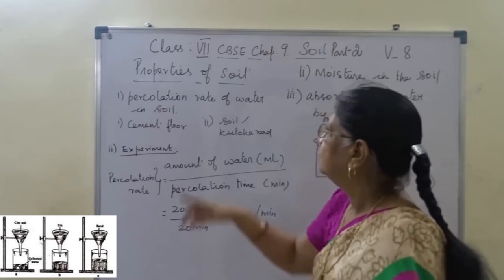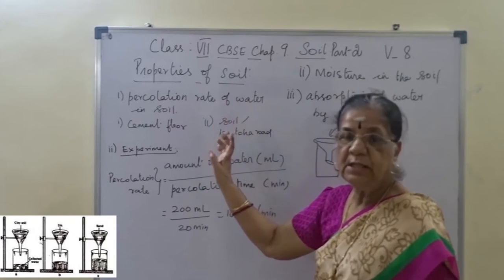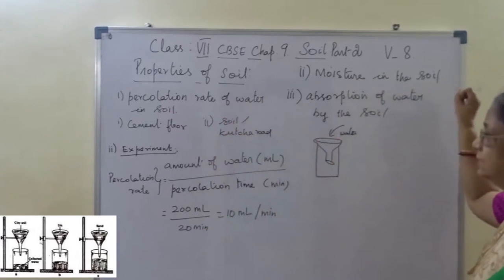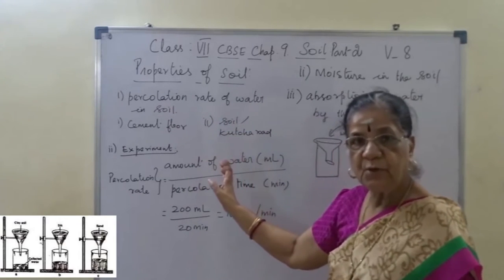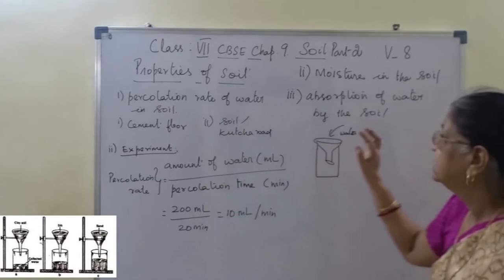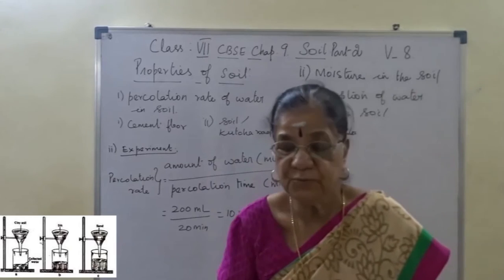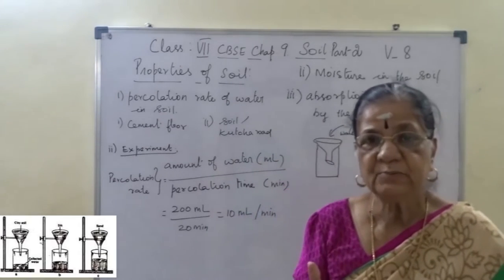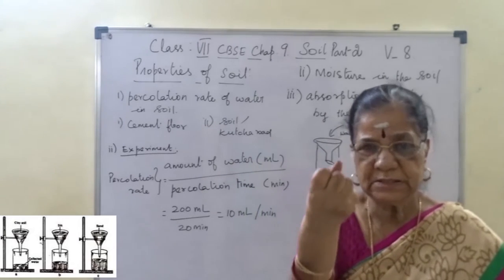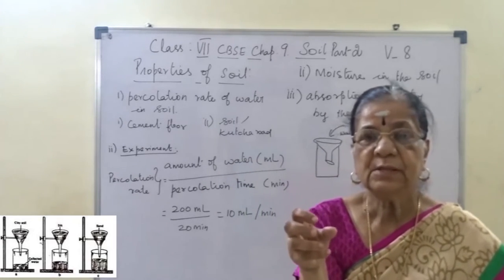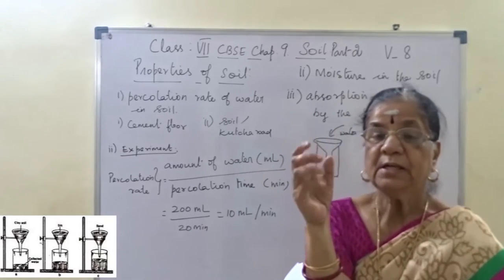The first property we have learned is the percolation rate of water in the soil. The second is moisture in the soil. You take 5 grams of soil, a small handful, put it in a test tube and heat it. I said 15 grams, sorry, it is 5 grams.